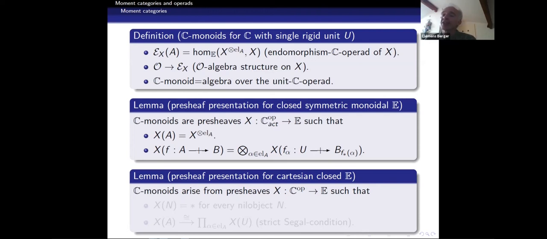So that's one of my projects. I think that you can somehow give a common framework for the model structure of Rezk on weak categories and the model structure of Cisinski and Moerdijk for the dendroidal Segal spaces. I'm sure that it is possible. Okay, that's very nice. Yeah, thank you.